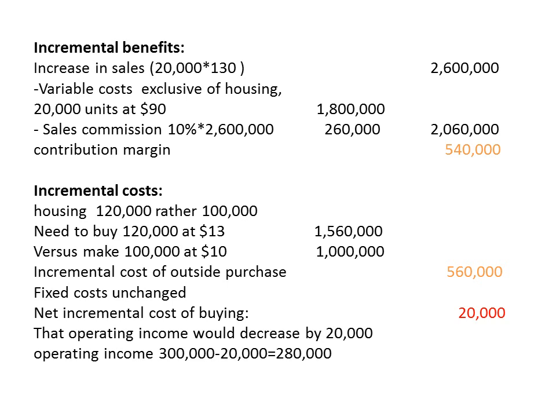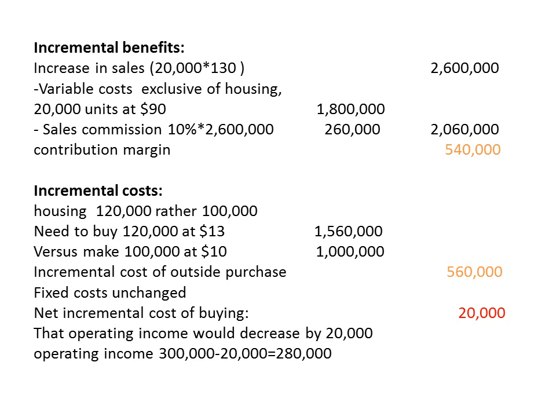The variable cost related to producing the deluxe unit is 90 each. 90 multiplied by 20,000 units would equal $1,800,000. Sales commission is 10% multiplied by the total sales revenue, that is 2,600,000, equaling 260,000.